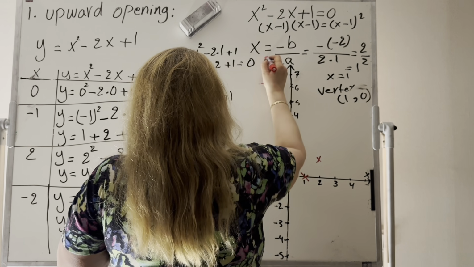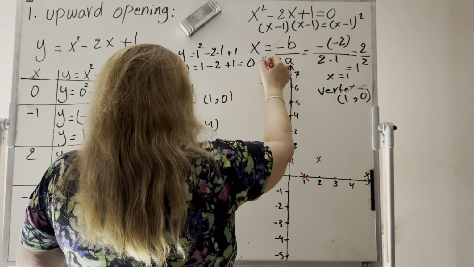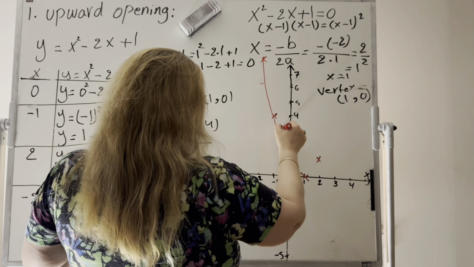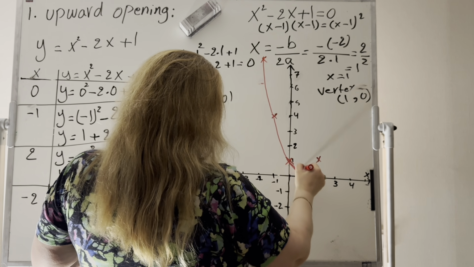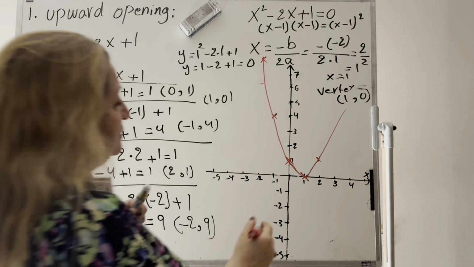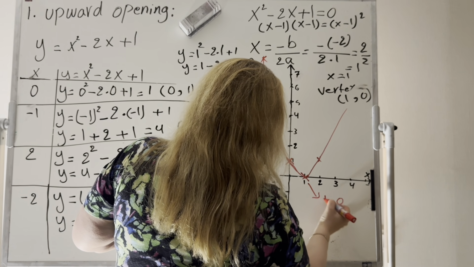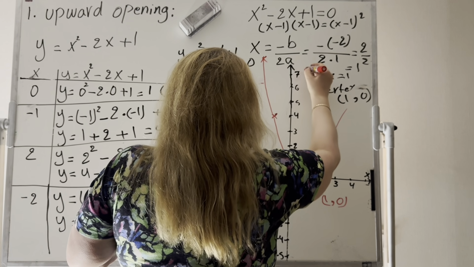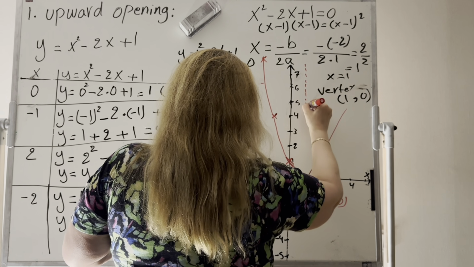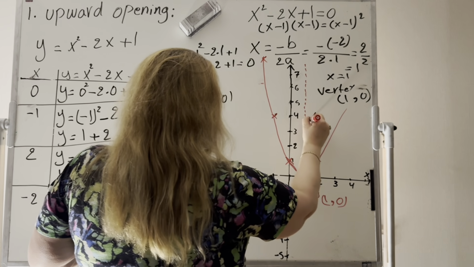And the parabola, or the curve, looks like this. We see the vertex here, 1, 0, and the symmetry line where x equals 1.